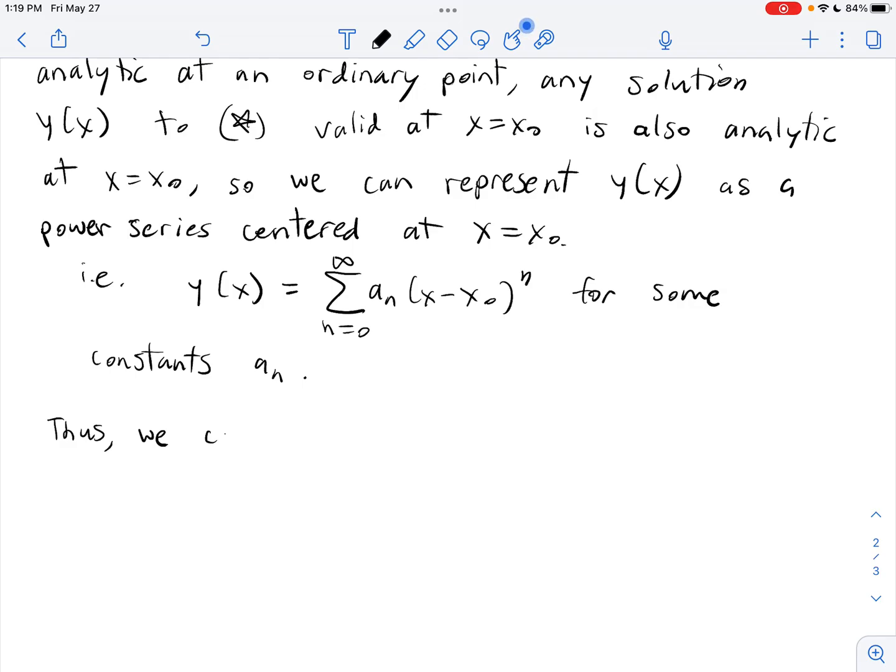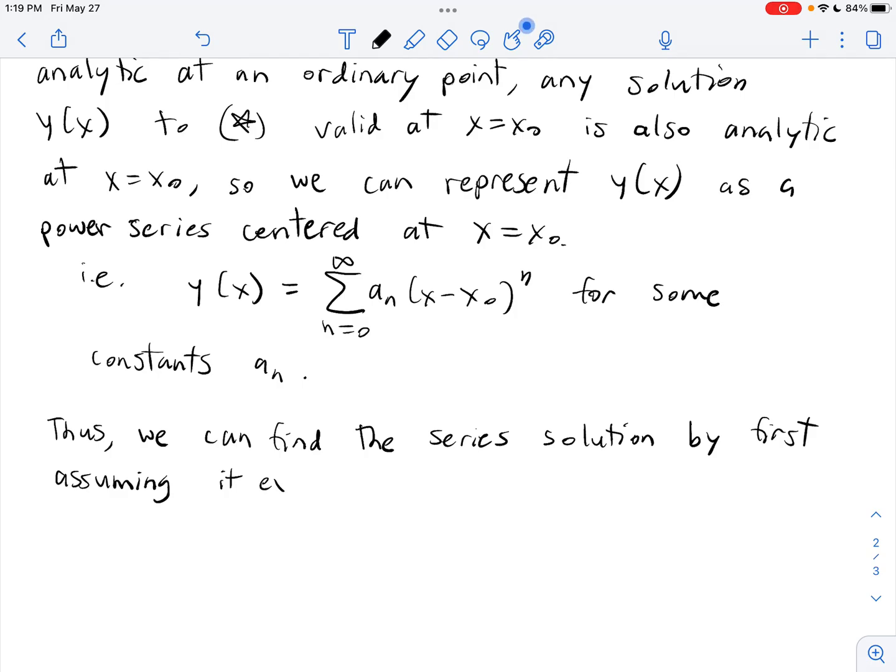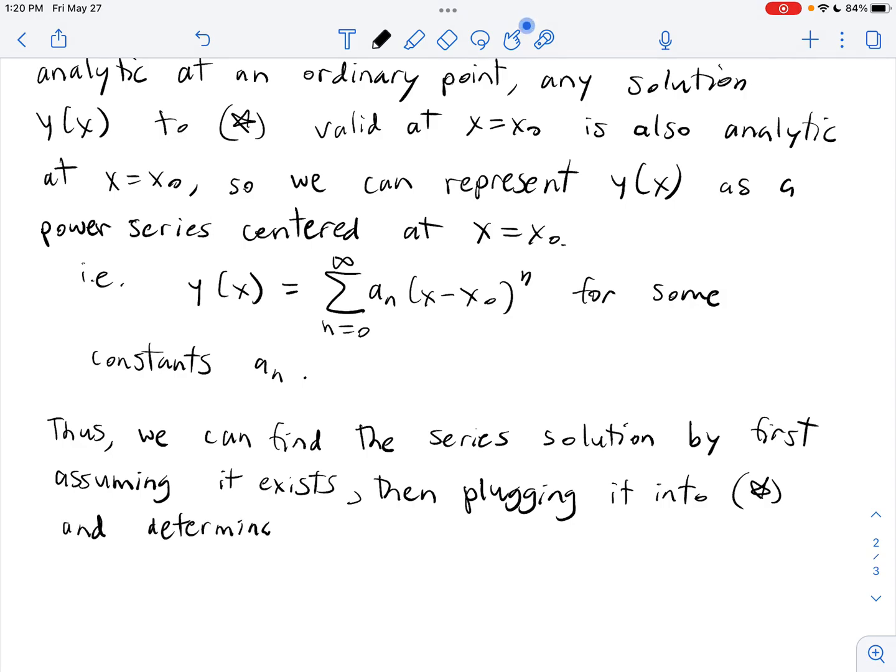Now, because we know this, we can find the series solution by first assuming it exists, then plugging it into star and determining the a n.